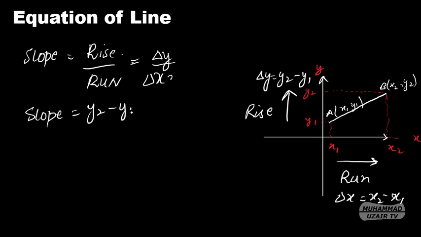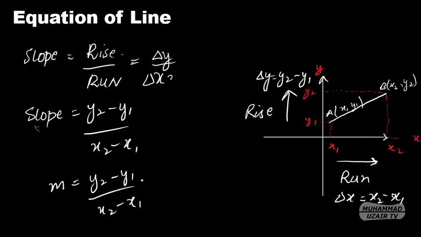So we can write slope as m is equal to y2 minus y1 divided by x2 minus x1. So this is the formula for finding the slope. If we have 2 points similarly like this, x1 y1, x2 y2, we can find the slope easily.